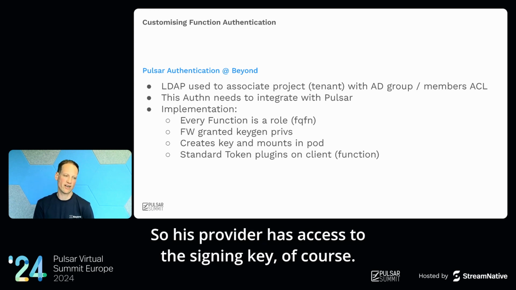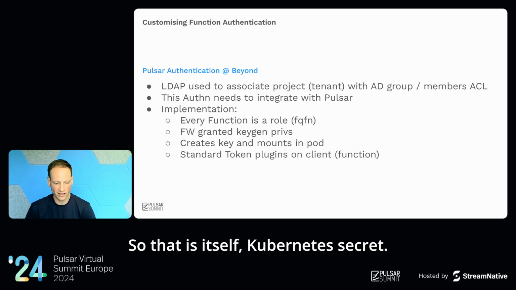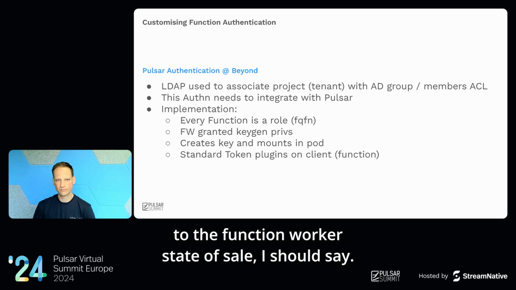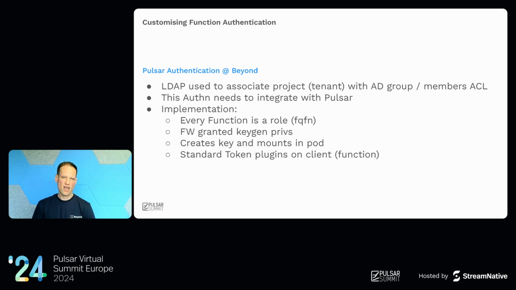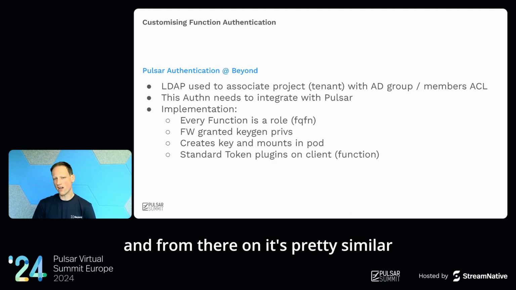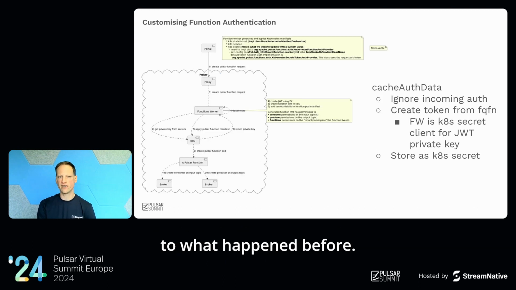So this provider has access to the signing key, of course, which is itself a Kubernetes secret that's limited to the function worker process, to the function worker stateful set, I should say. And so the function worker can generate this token, and from there on it's pretty similar to what happened before.